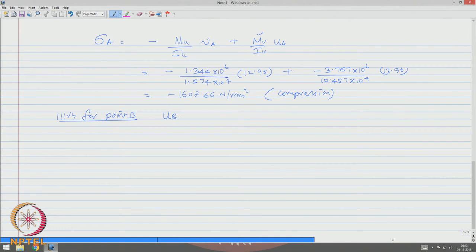So, U B is z cos alpha plus y sin alpha, which will be minus 2.5 cos 70.36.